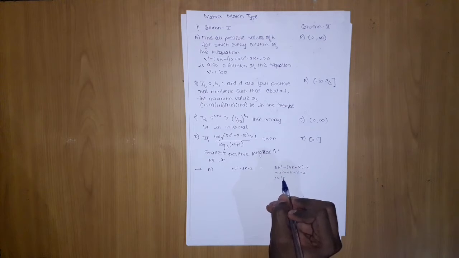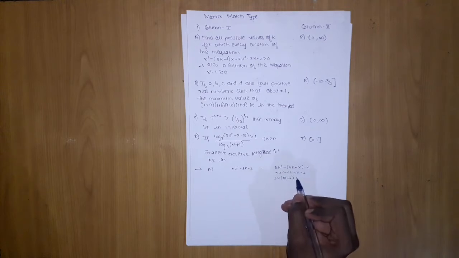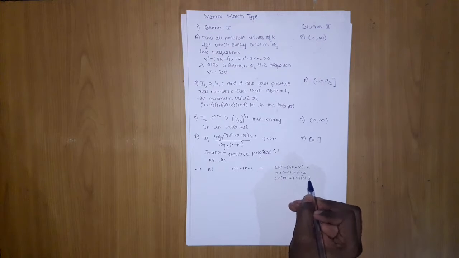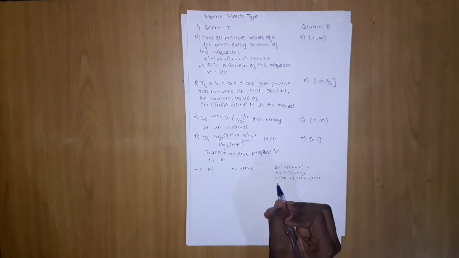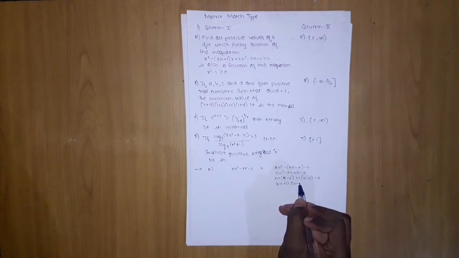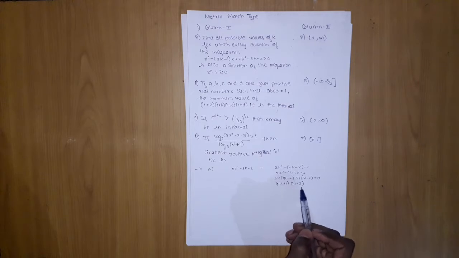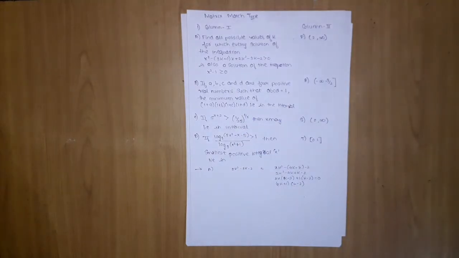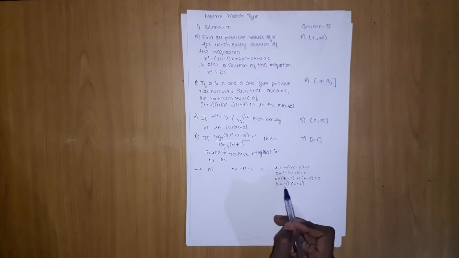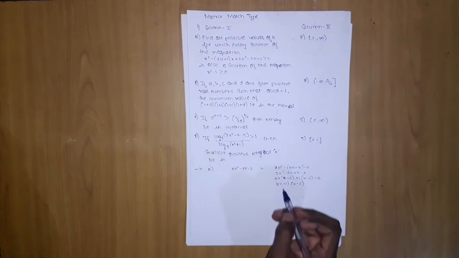Taking 2k common will give us k minus 2, and from here if we take 1 common it will give us k minus 2, so this is indirectly (2k plus 1) into (k minus 2). I was just doing a little trial, that using this can we create 3k minus 1 on adding? Yes, we can create. It will add to give 3k and minus 1, right? So we can use this.